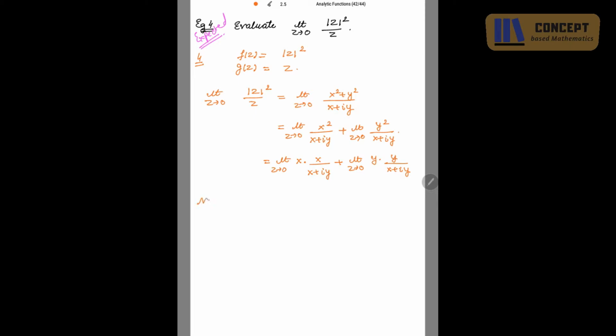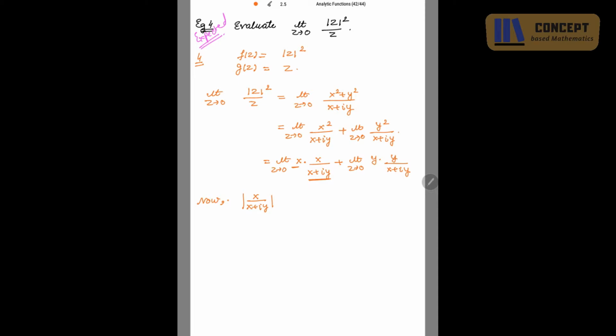Now we know that x over x plus iota y. Now I am having two functions over here, this function first and this is the second function.